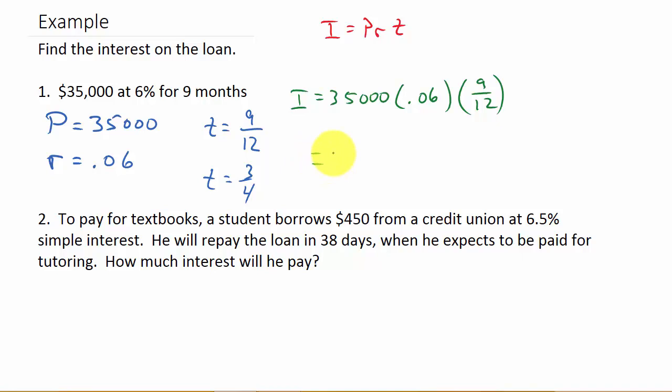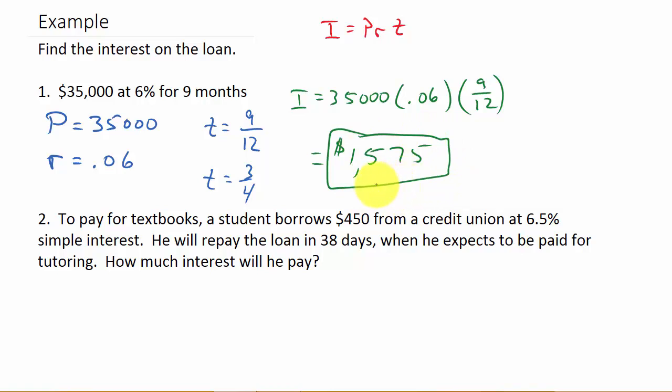When we plug this into our calculator, I would just type in 35,000 times 0.06 times 9 and hit equals, and that'll give you 18,900, and then hit divided by 12, and that gives you $1,575. And so there's the answer for that. That's the simple interest.